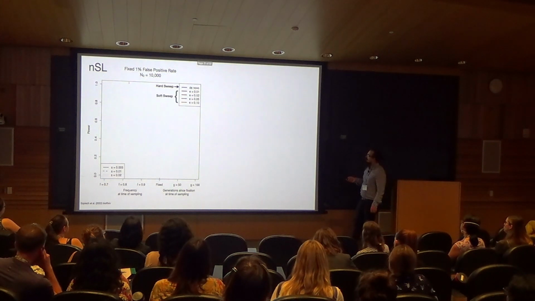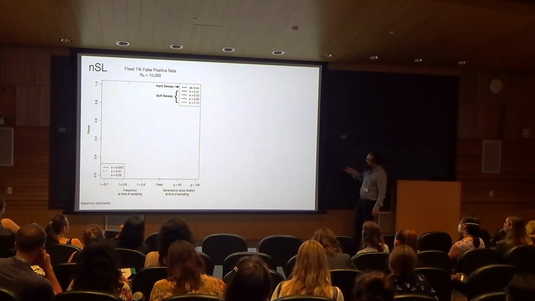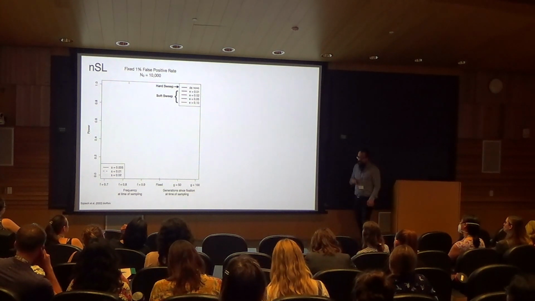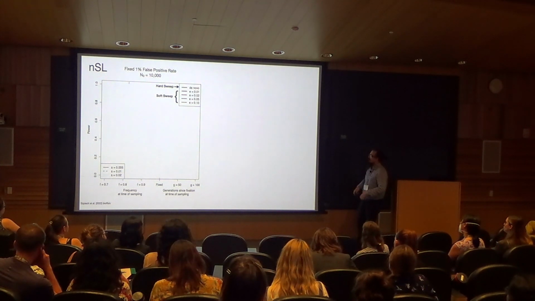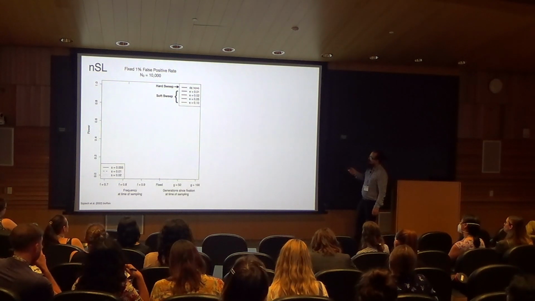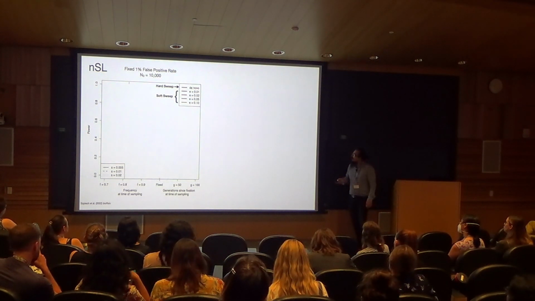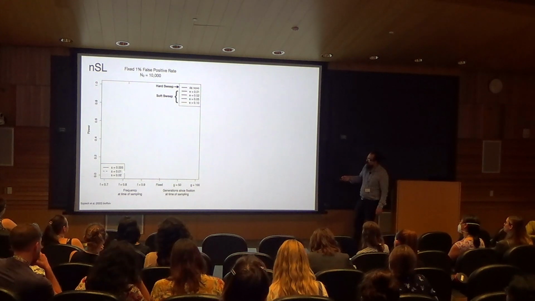We can also simulate a number of different soft sweep scenarios. In this case, E equals 0.01 represents a scenario where the allele becomes adaptive when it's already at 1% frequency. And then this goes 2%, 5%, 10% frequency. I also simulate it across a bunch of different selection coefficients.